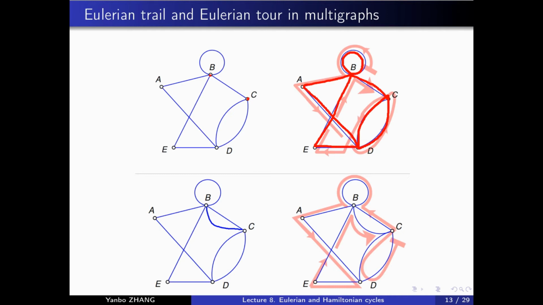We can find an Eulerian tour C, D, C, B, A, D, E, B, C.